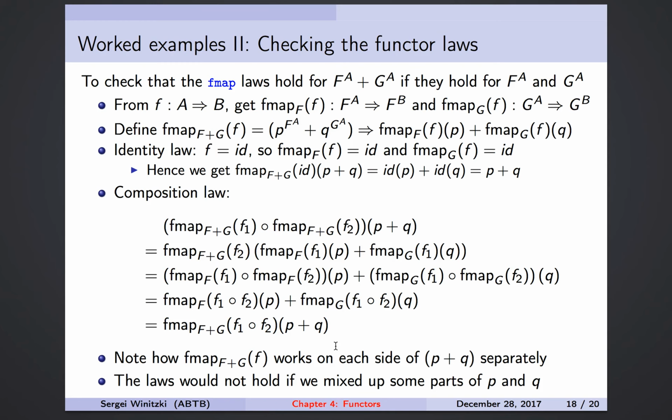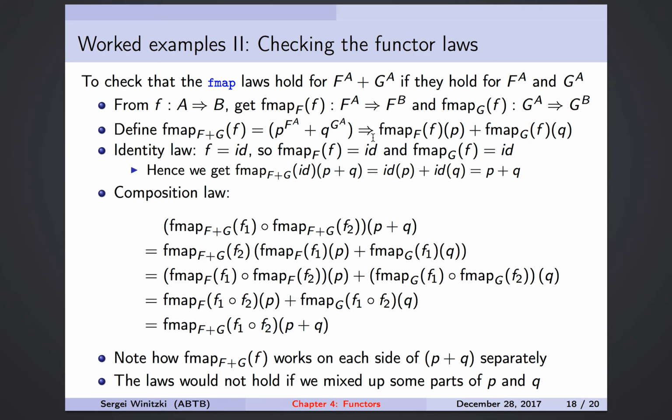And the law holds precisely because this Fmap F plus G was defined to work separately on P and on Q and to return corresponding parts of the disjunction. If we mixed up some of these parts, so for instance, we're given P, but we return the right part of the disjunction sometimes, that law would not hold. Because the law obviously depends on having the two parts completely separate.